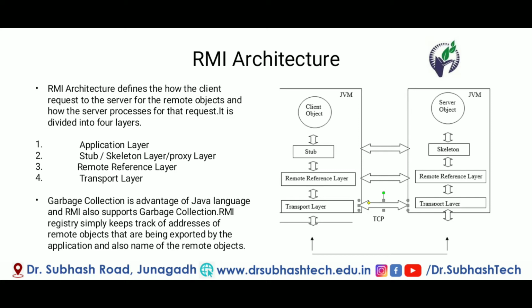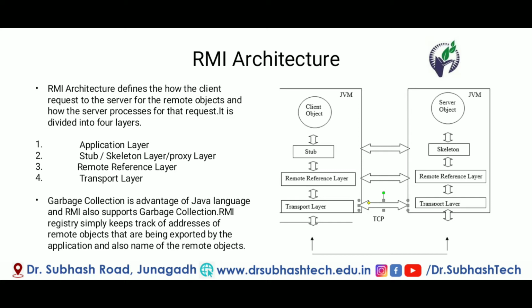As you see in the figure, there are two systems, and in these two systems there are two different JVMs. One system is considered the client object or client system, and the second is the server object or server system. At the client side, the remote object resides.